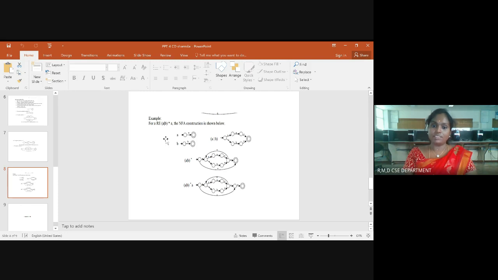For the whole asterisk, you draw one epsilon here and one epsilon here. Then you have an input A. Finally, after completing the (A|B)* part, we write one more input A and then a double circle. The double circle means it reaches the final state.